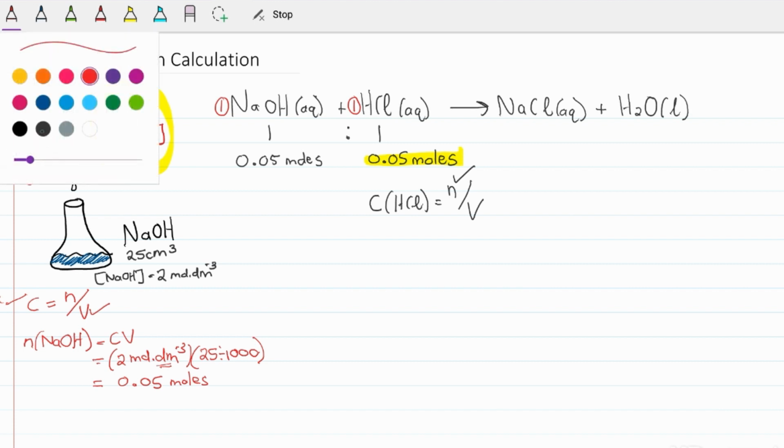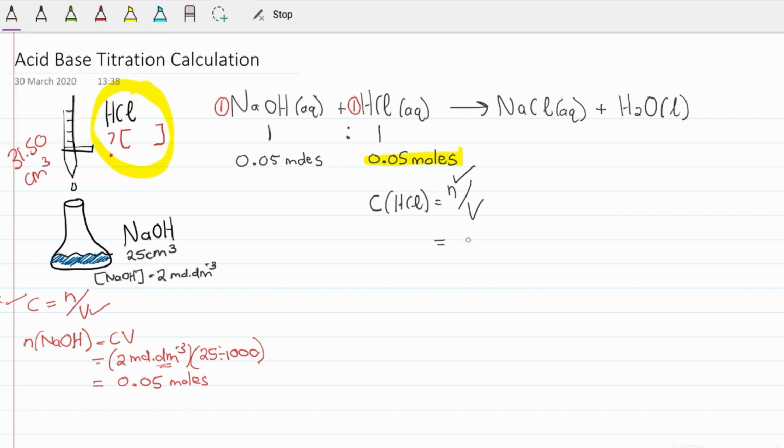You just need to convert that too. So 0.05 moles, divided by 31.50 cubic centimeters divided by 1,000 to get it in cubic decimeters.